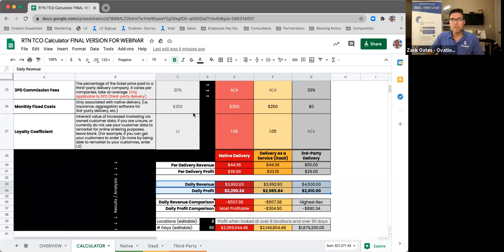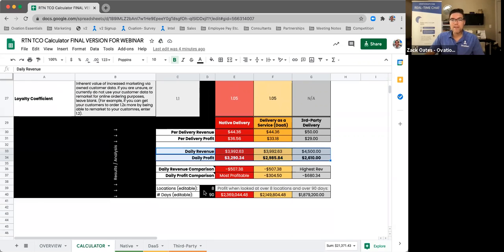For example, for the monthly fixed costs, you do want to make sure that those are by location. And then down here, you can edit this so you can see how many locations you want to see over how many days. So if you wanted to see 9 locations, it'll look at the profit over 9 locations over 90 days. That way you can get that full view of the profitability of each section.